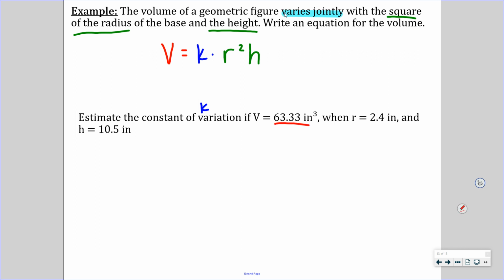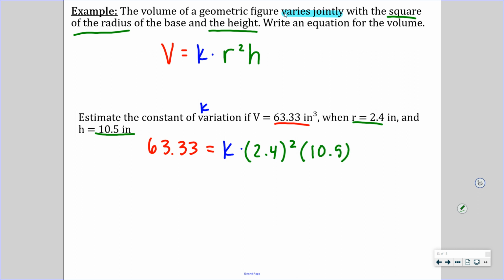So I know the volume is 63.33, so I'm going to plug that in for my V. K is what I'm trying to find, the constant of variation. When the radius is 2.4, don't forget we need to square that according to our equation. And the height is 10.5. Makes sense?